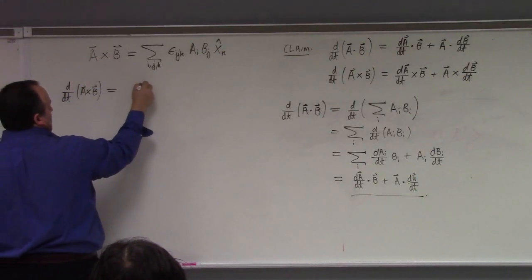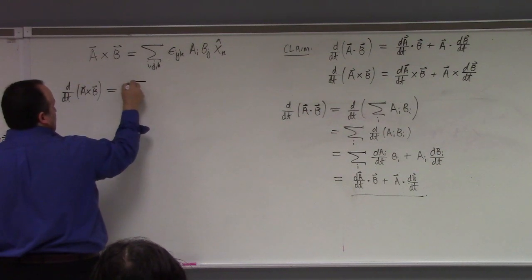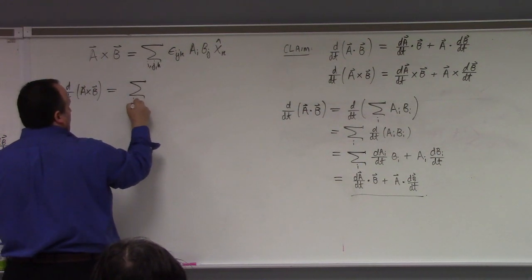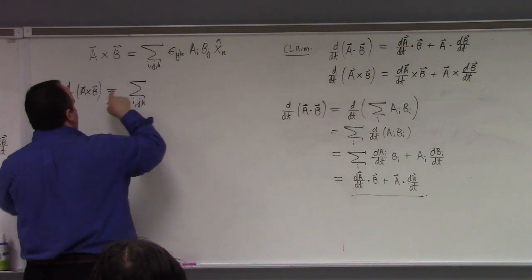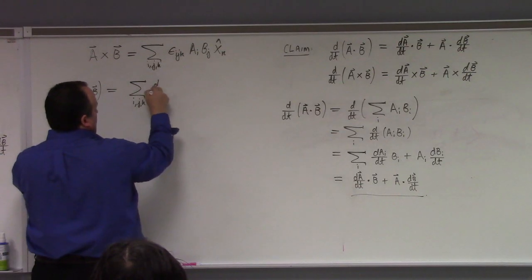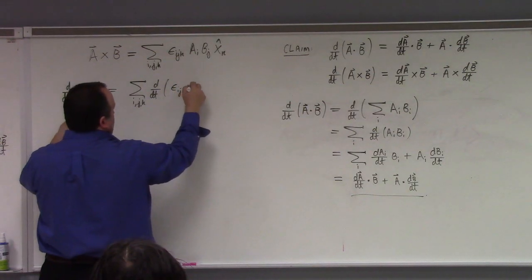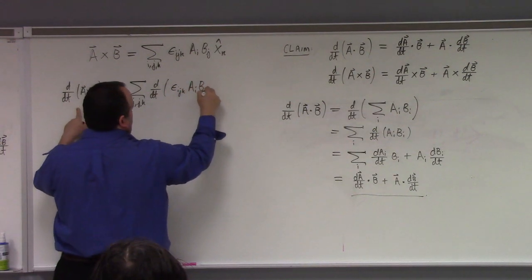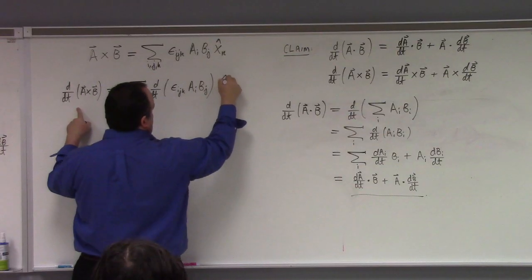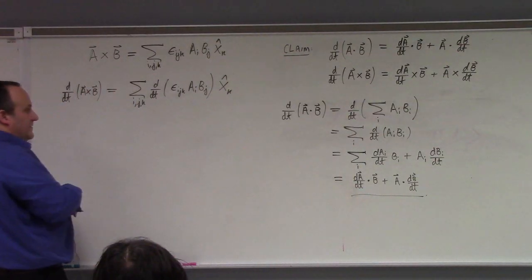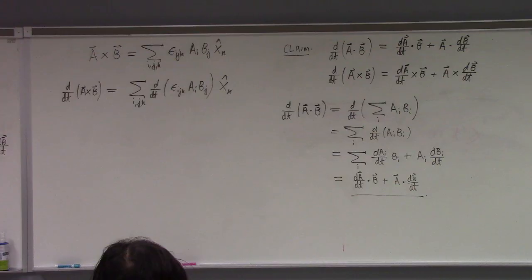So when I calculate the derivative of A cross B, that gives me the sum over i, j, k. I can pull the derivative, well, I'll just do it like this, d/dt of epsilon_ijk A_i B_j x-hat_k. So that, so far, is the definition of derivative as I introduced it today, setting aside that unpleasant limit conversation we had.